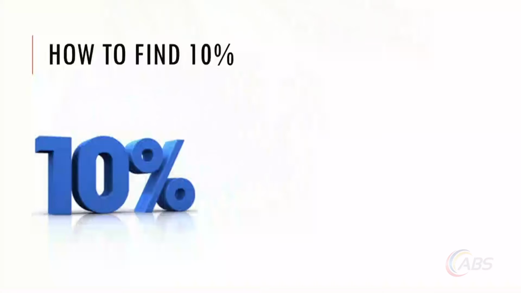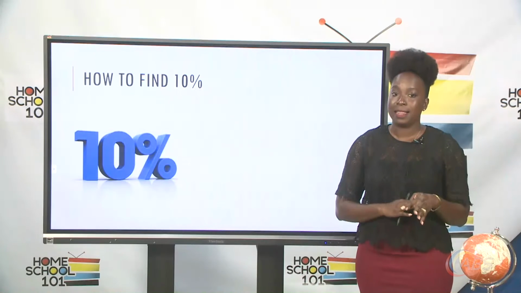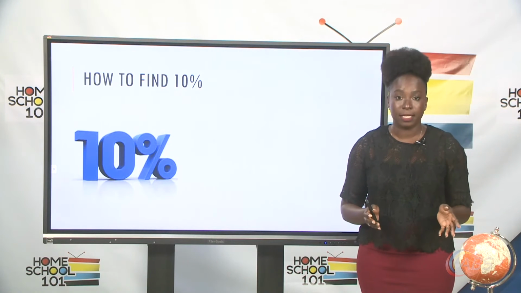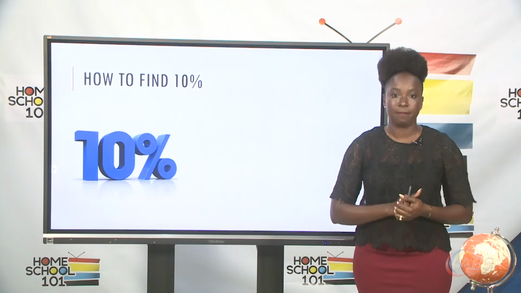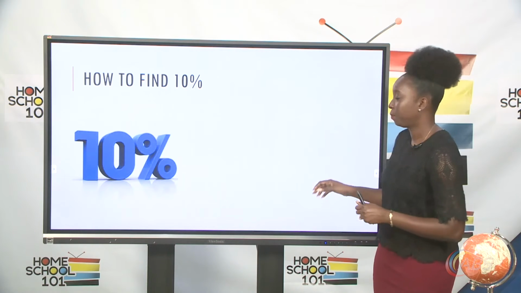How to find 10%. When finding the percent of a number, the approach often used is to multiply the fraction by 100 over 1. While that is correct, it is not always the quickest and most efficient way to find some percentages.